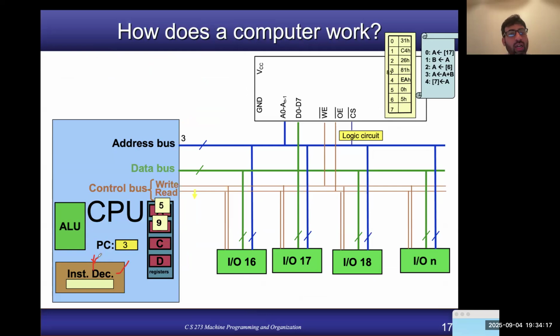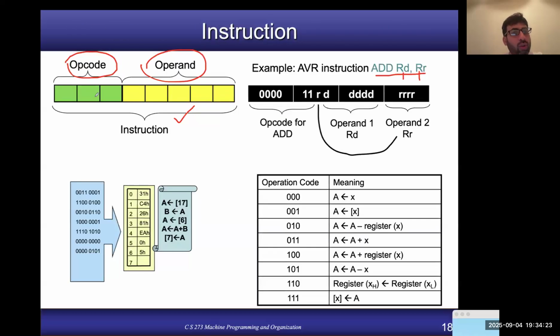It first looks at the, sorry, I think the simulation has started again. Okay, so it first looks at the opcode bits of the instruction, and these opcode bits of each instruction are unique. So let's say the opcode bits, reading from the most significant bit, are 0, 0, 0, 0, 1, 1.